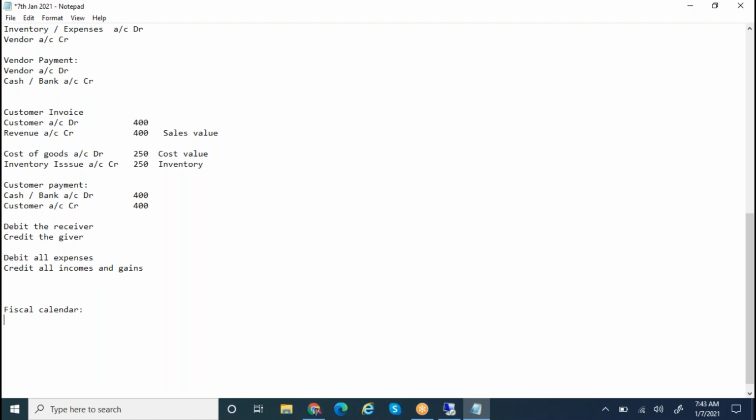In European companies, some countries follow November 1st to October 31st. For any country, any company, it will be 12 periods. So either Jan to December, or April to March, or July to June, or September to August.